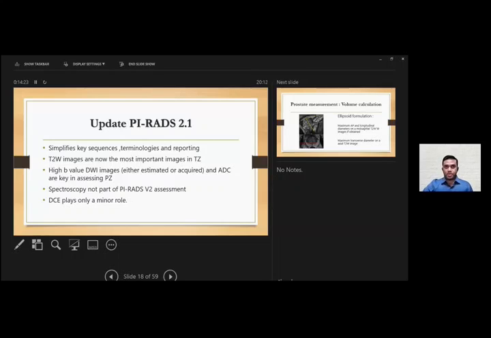The ultra high B values can be either acquired or calculated. Spectroscopy was not a part of PIRADS version 2, so spectroscopy is not done. And there is now a decreasing role of dynamic contrast MRI.